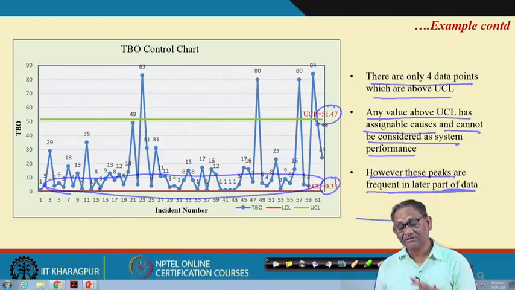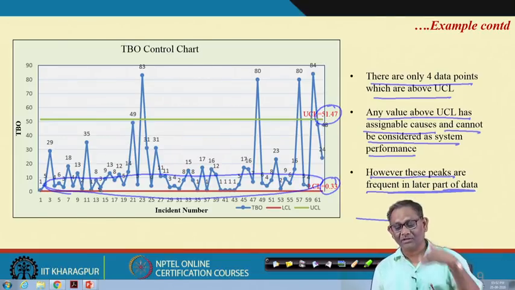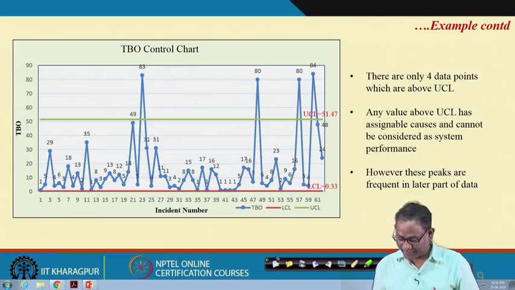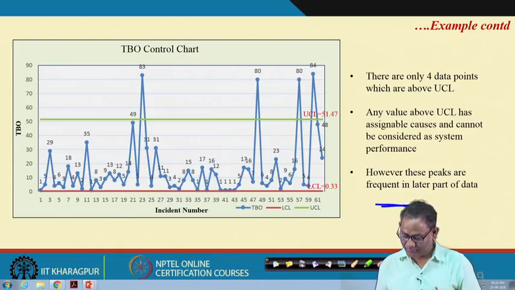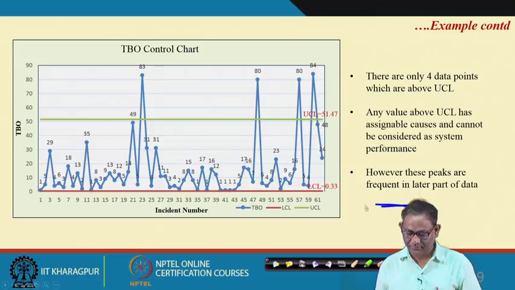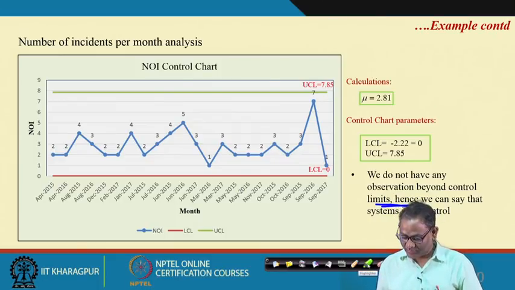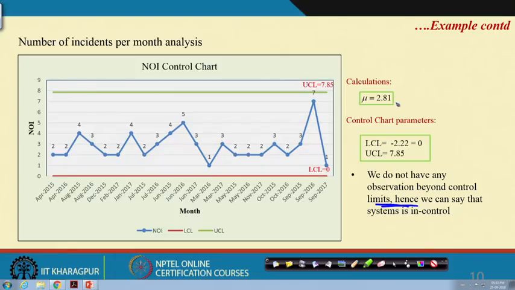This is required, this helps you understand whether you are improving or not from the safety performance point of view. Now, if you see the number of incidents per month for the same data set, we calculated a Poisson distribution, the parameter of the Poisson distribution, and the corresponding LCL and UCL.